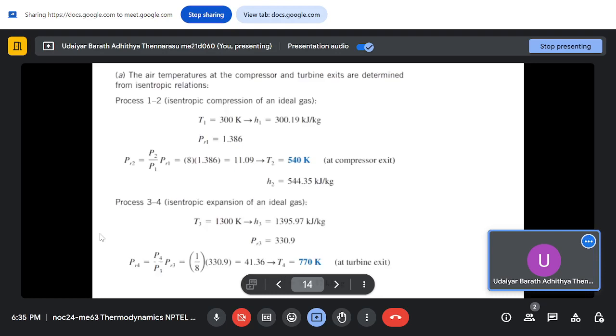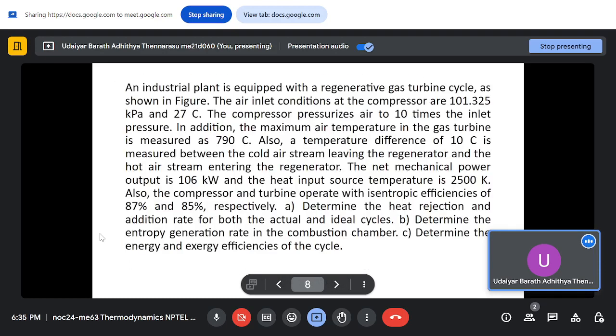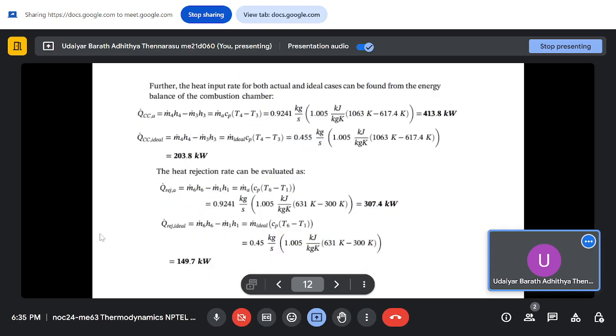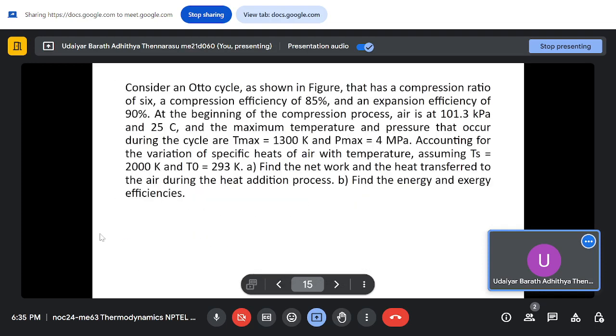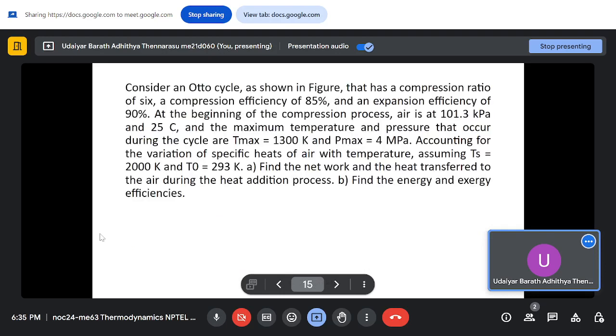So moving on, the next question is, we consider an Otto cycle.